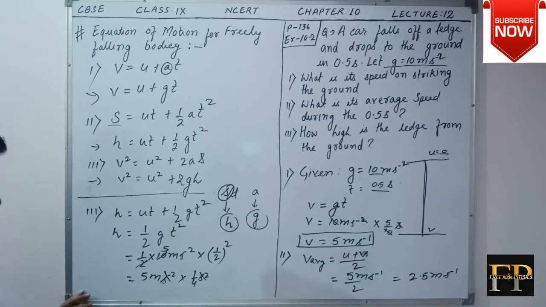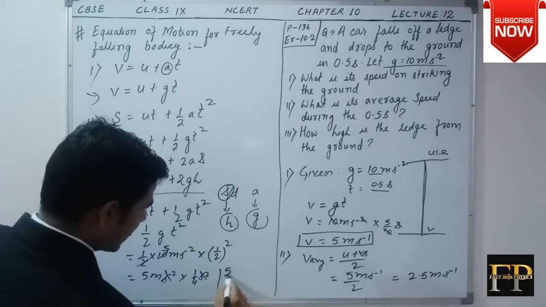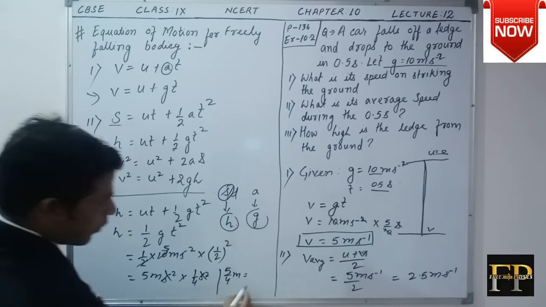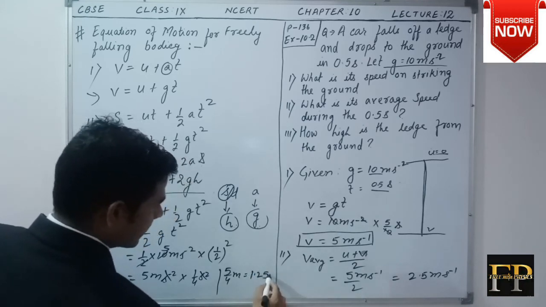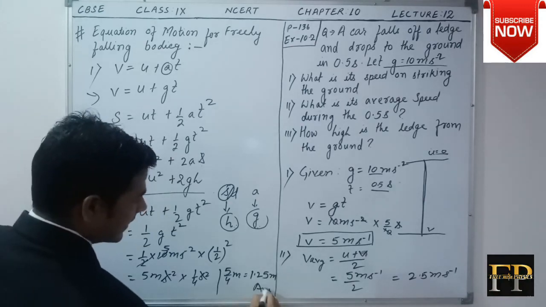We get 5 by 4 meters, which is equal to 1.25 meters. So students, this is the required answer.